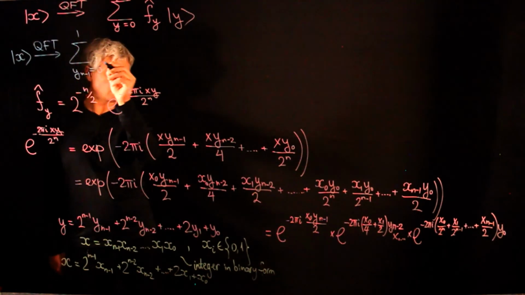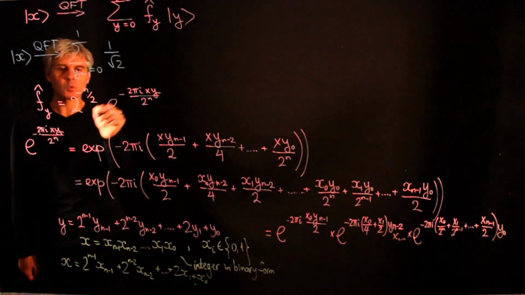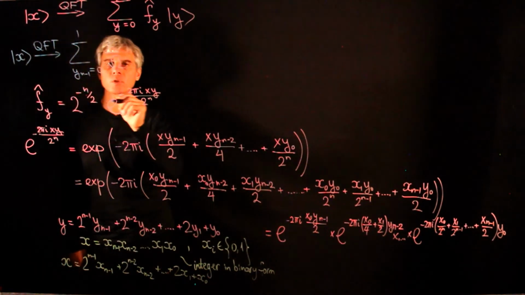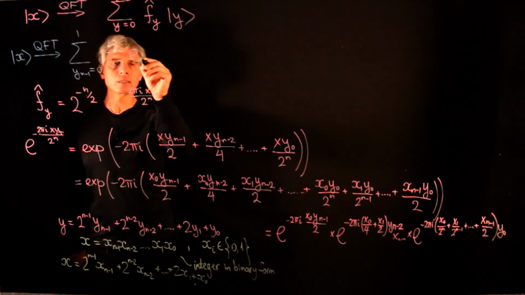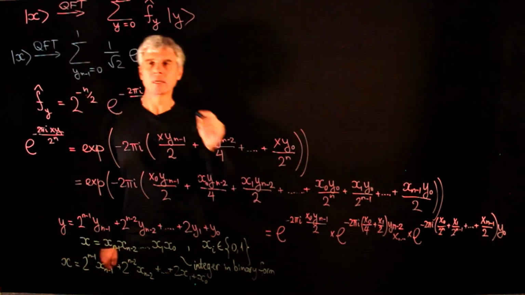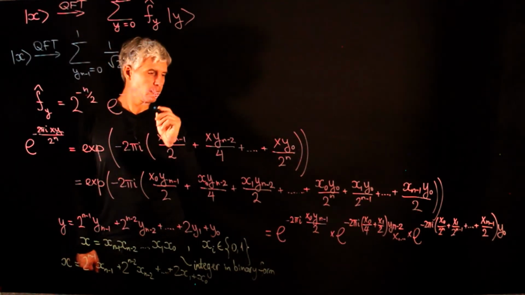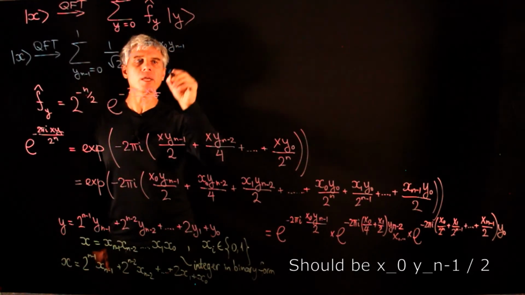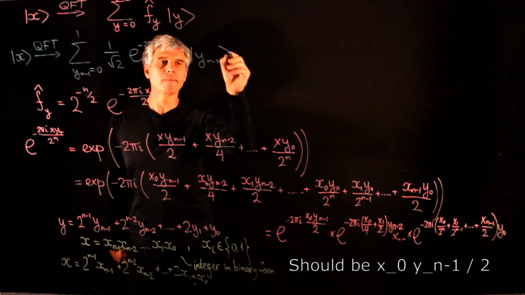And so here we have 1 over square root of 2, right? So we need these factors to build this factor 2 to the minus n over 2, right? And here we have e to the minus 2 pi i x0 y_{n-1} over 2 times y_{n-1}.